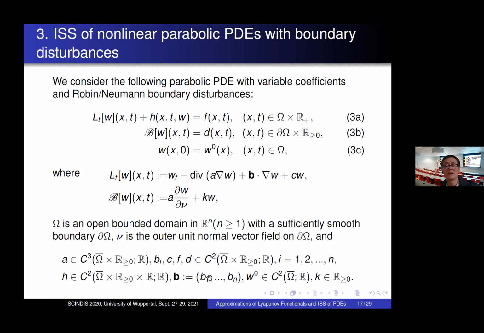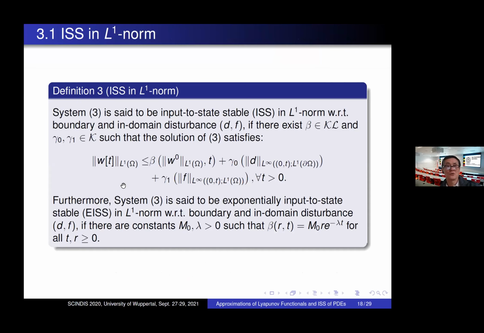We impose some regularity conditions, okay, which are necessary for well-posedness. This is the problem we are looking at, and we are going first to establish the ISS in L1 norm. Once again, this is a standard definition, a standard property we are looking for.